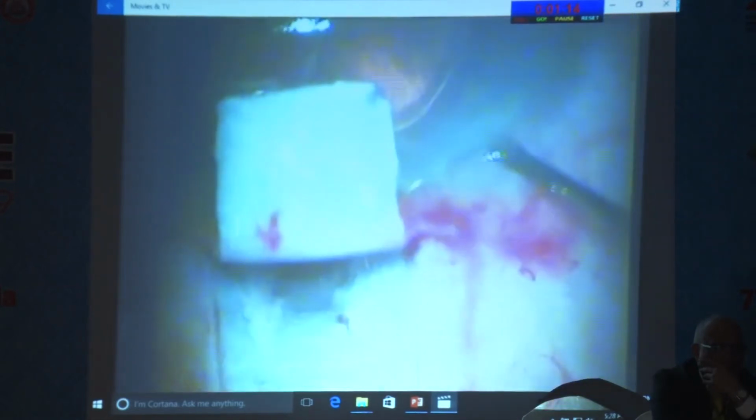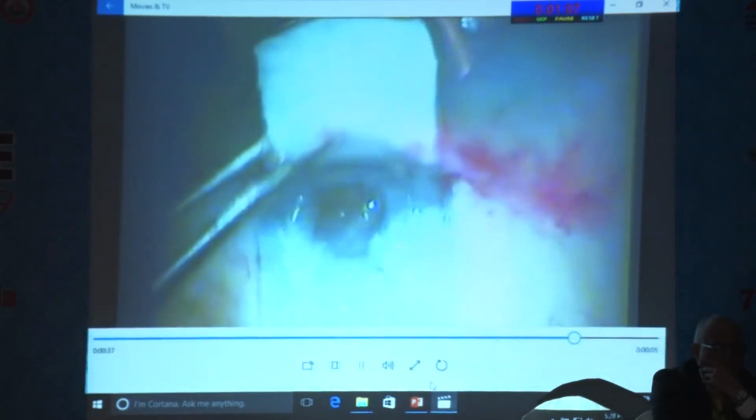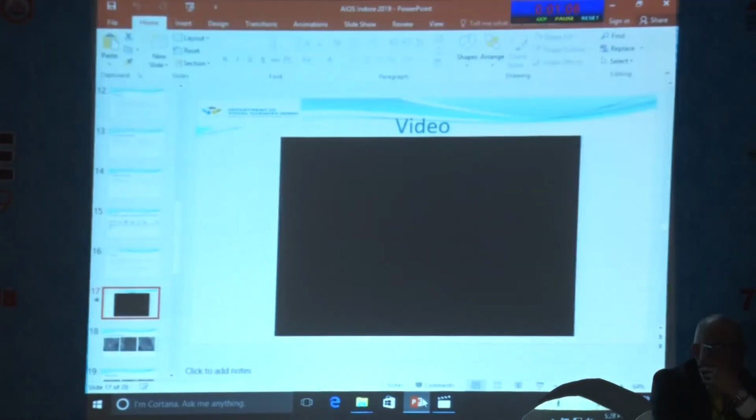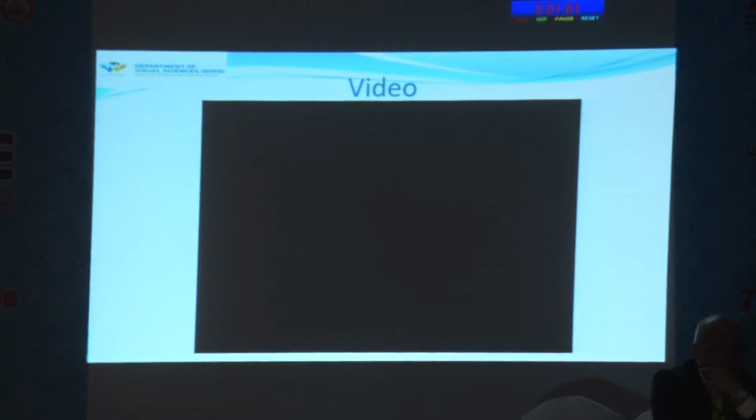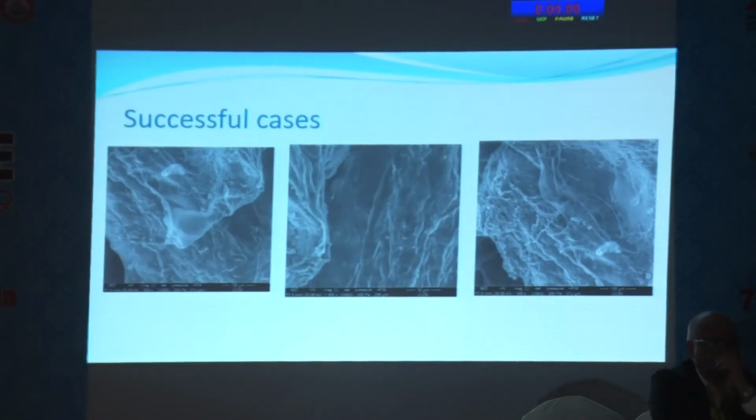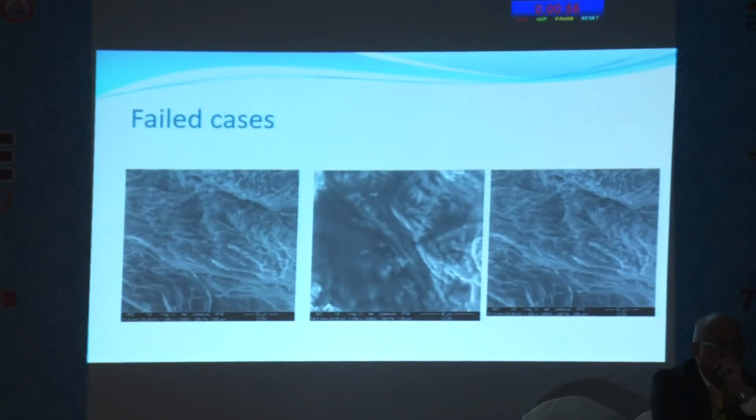This is the last layer being removed. That's the pre-Descemet's layer. That one is sent for electron microscopy, and we inject the dye and look for the egress of the dye from the thin flap.